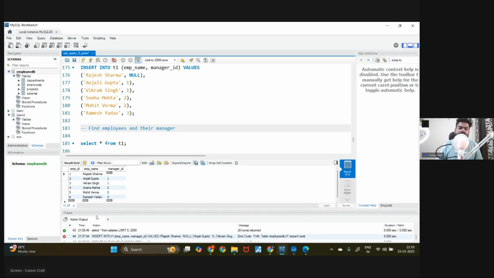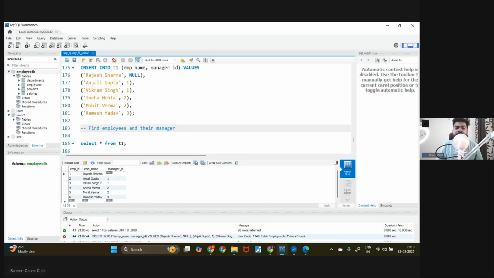See, this is employee ID. Class, did you understand this question? Employee ID 1, 2, 3, 4, 5, 6. Employee name Rajesh Sharma, and corresponding to this, we have manager ID. Now you have to make another column, that is manager name. Here Rajesh Sharma's manager ID is null, so Rajesh Sharma doesn't have any manager. But Anjali Gupta's manager ID is 1. So whose employee ID is 1?